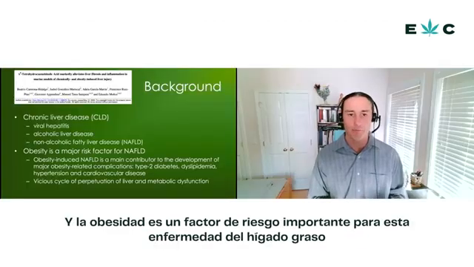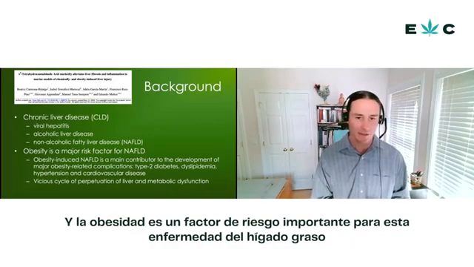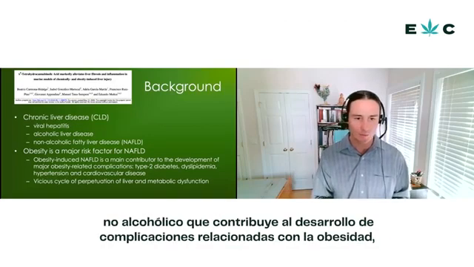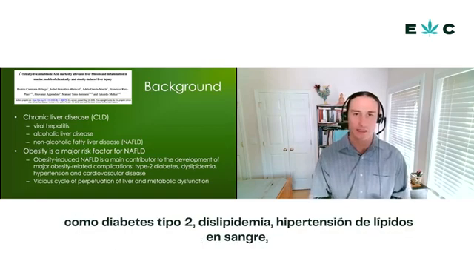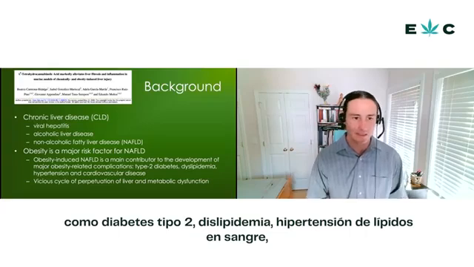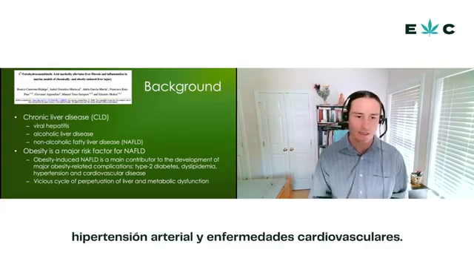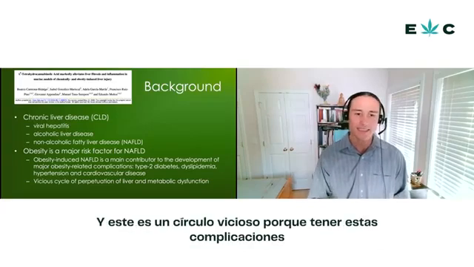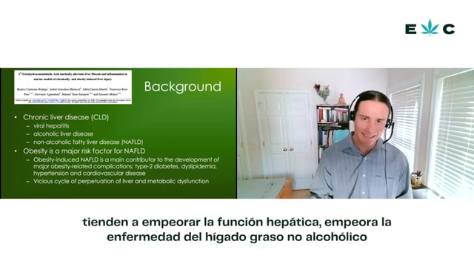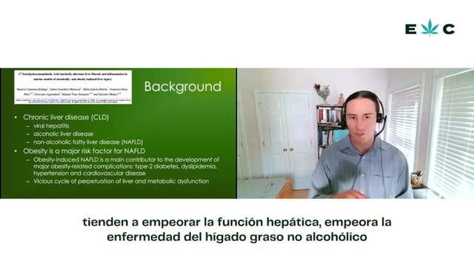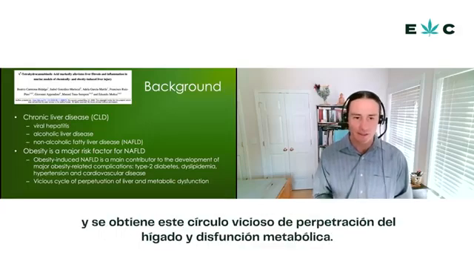And obesity is a major risk factor for this non-alcoholic fatty liver disease, which contributes to the development of obesity-related complications like type 2 diabetes, dyslipidemia, so bad blood lipids, hypertension, high blood pressure, and cardiovascular disease. And this is a vicious cycle because having these complications tends to make the liver function worse.